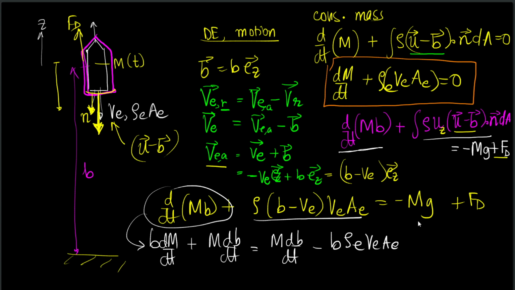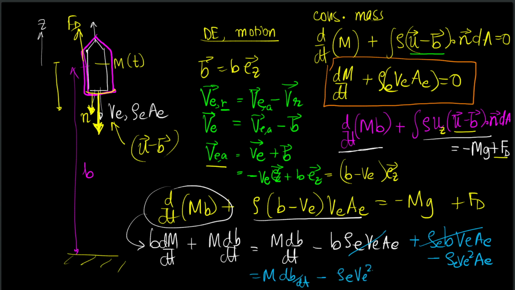The second term can be simplified to rho b ve Ae minus rho ve squared Ae. So on the left hand side, this is rho e. So this term and this term cancel out. So on the left hand side we have m db/dt minus rho e ve squared Ae. This is equal to minus mg plus Fd.